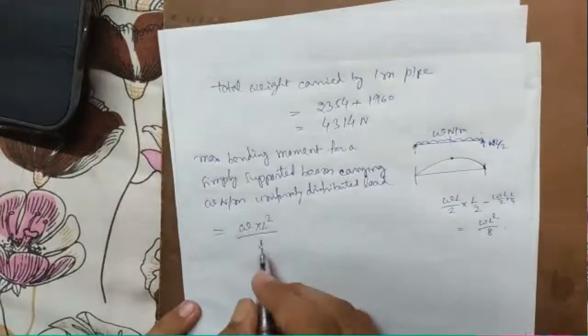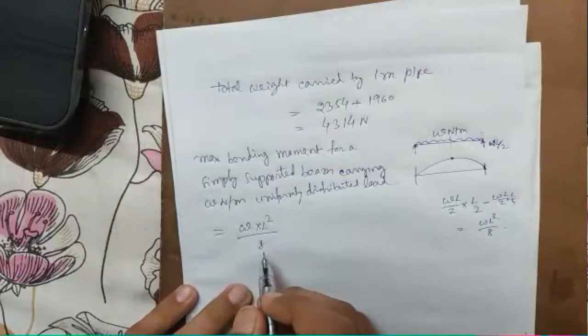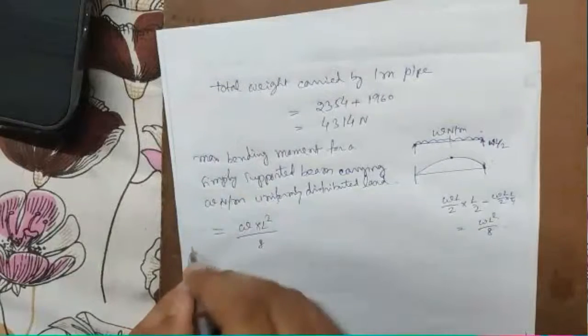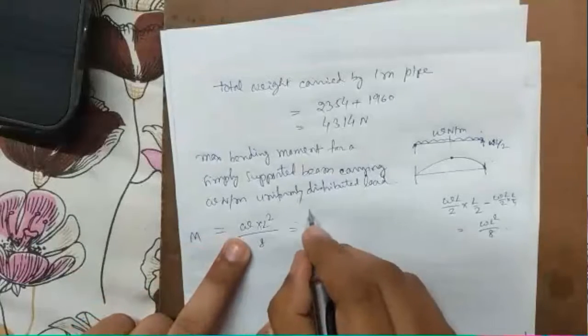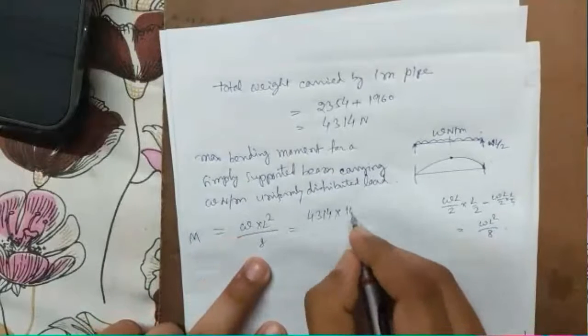Now, as we have found out, this is it. So we can find out the bending moment by putting the value over here. This loading rate is 4314. We have just found out L is 10 meter.